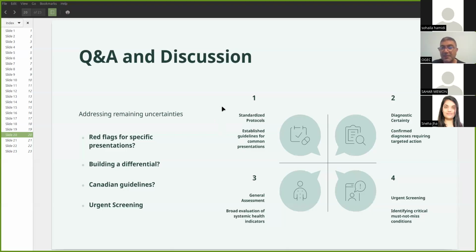So the most important thing is that we have to use the standardized protocols, which come from the guidelines.